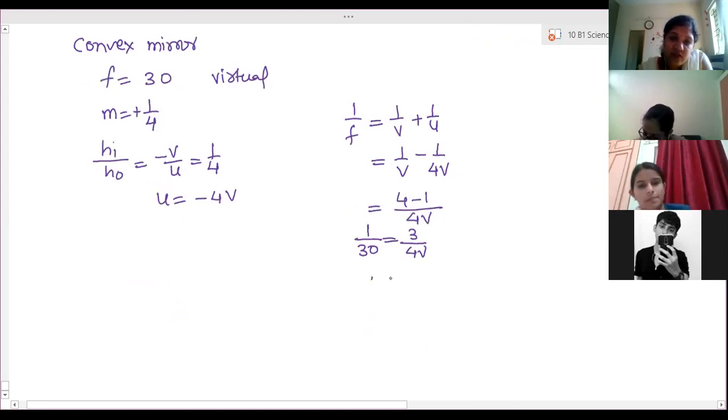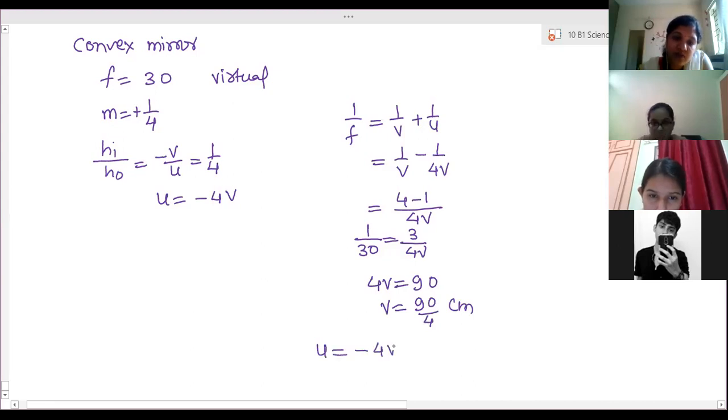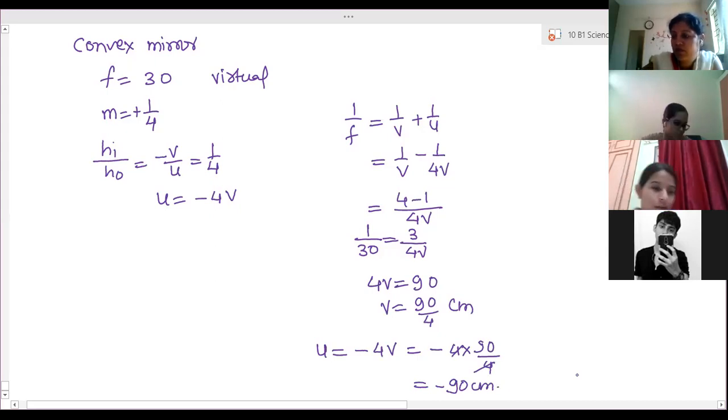So 4v is equal to 90, v is equal to 90 by 4 centimeter. And they are asking the object distance. Object distance is minus 4v, minus of 4 into 90 by 4. 4 cancels, minus 90 centimeter. Clear? Yes, ma'am.